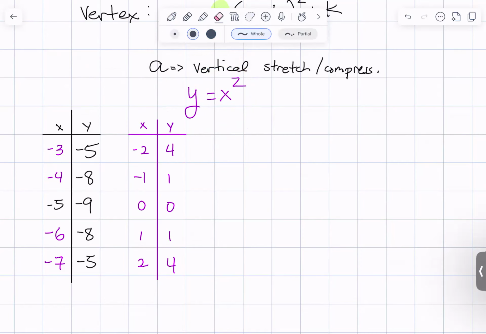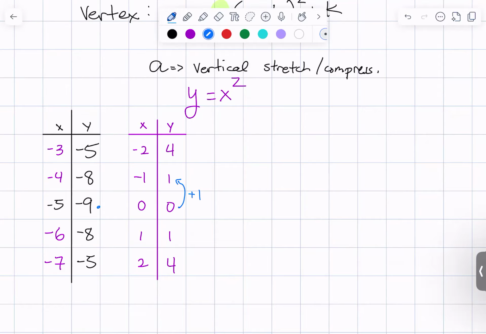That's the parent chart, the parent points. We already established that there is no vertical stretch or compress. So from 0 to 1, it's +1.